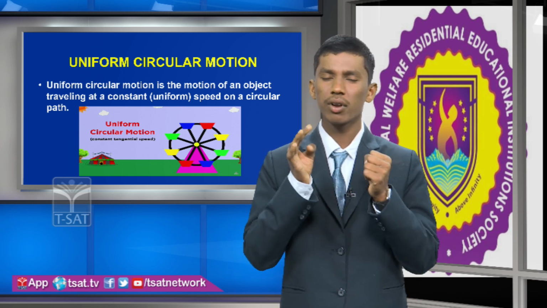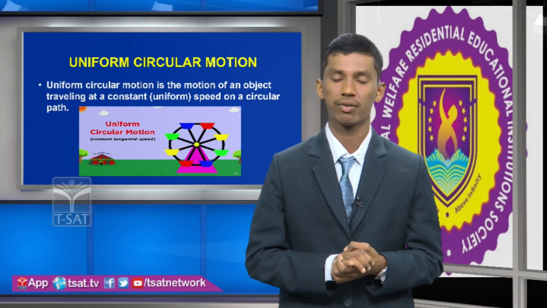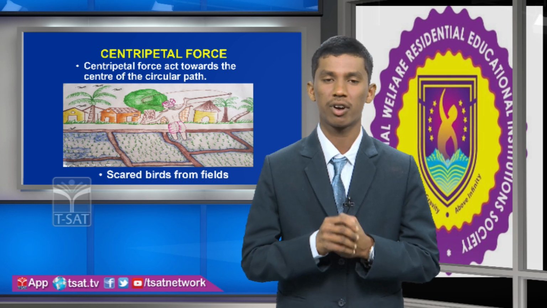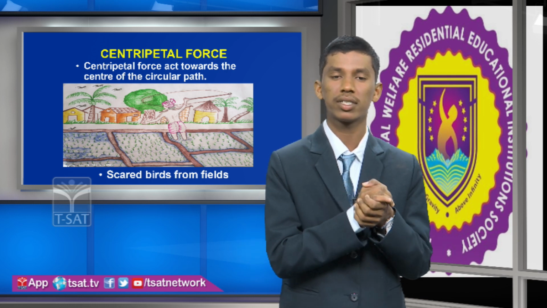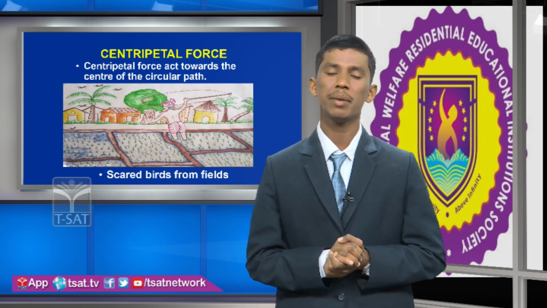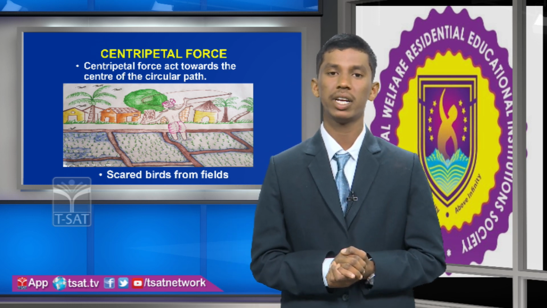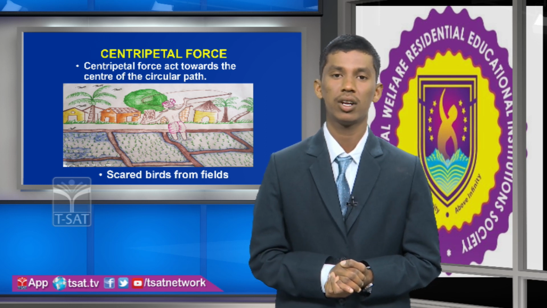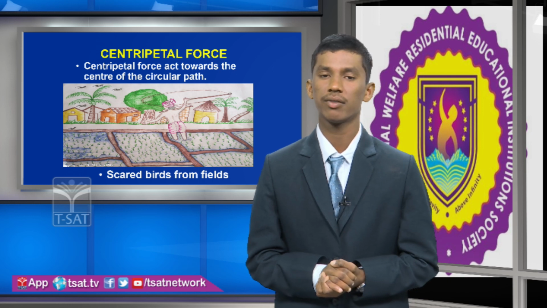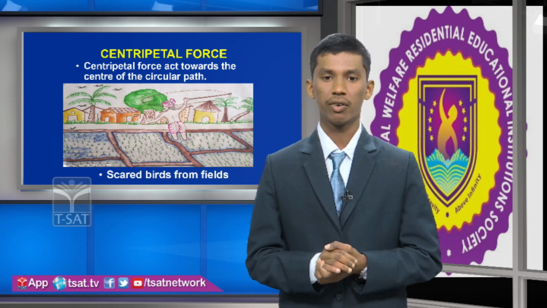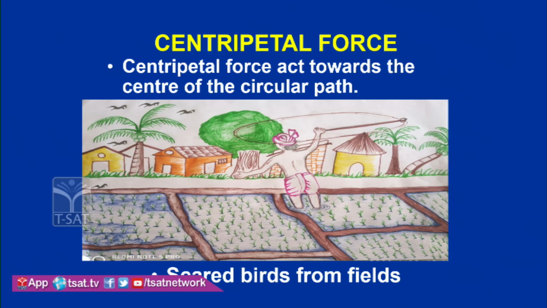There are a number of examples of centripetal force in our daily life. A major problem for farmers is scaring birds away from their field. Farmers use many methods to protect their field from birds. Here in this slide we observe a farmer swirling a stone tied with a rope.